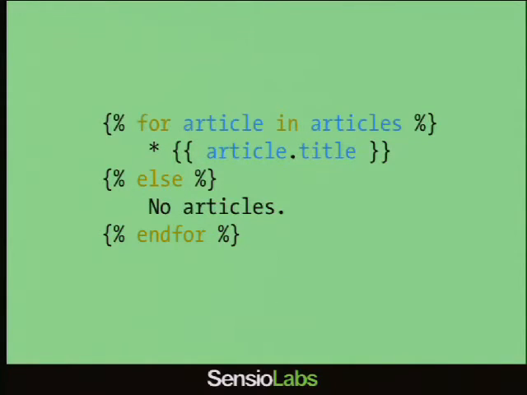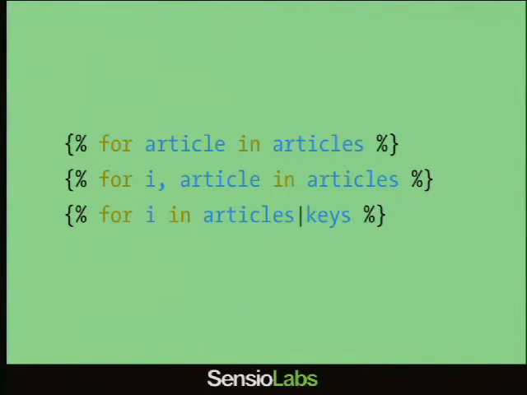And here the interesting stuff is that we also have this else statement, meaning that if there are no articles, then we are going to display no articles. So if you have some articles, you will have a list of all article titles. If not, you will have the no articles sentence displayed. Pretty easy to understand.